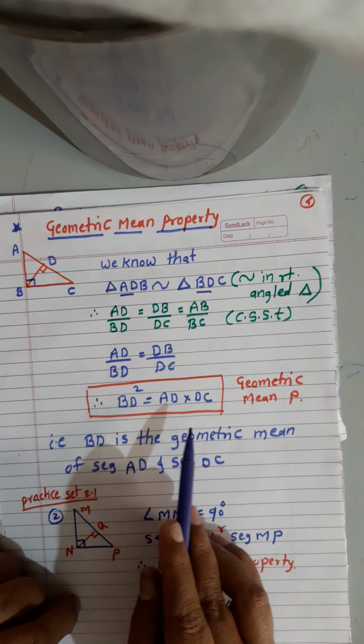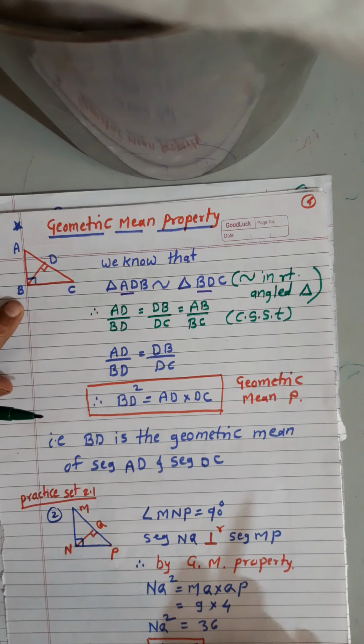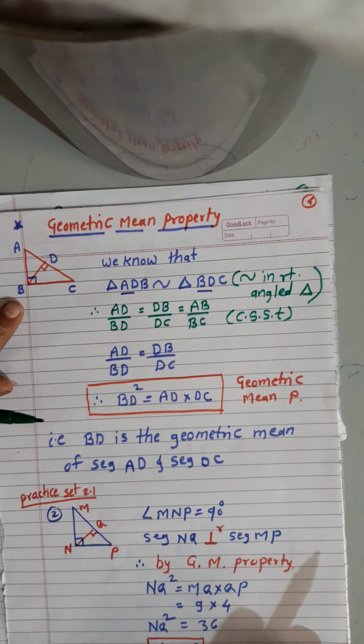We can use it if the given triangle is a right angle triangle and we draw a perpendicular to the hypotenuse.